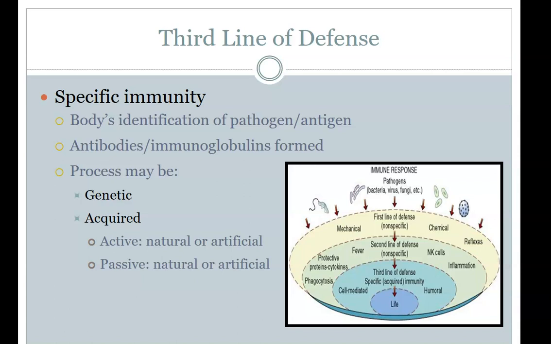Artificial immunity, such as vaccinations and immunizations, uses a weakened form to enable the body to form antibodies. Naturally passive immunity is the passage of antibodies through the placenta or breast milk. Artificial passive immunity is the use of immunoglobulins harvested from a donor who developed immunity against specific antigens.